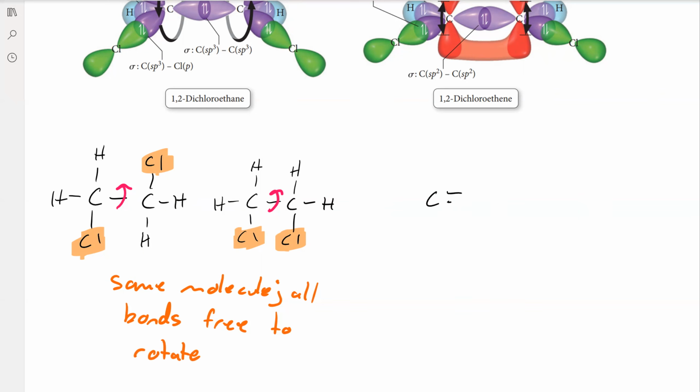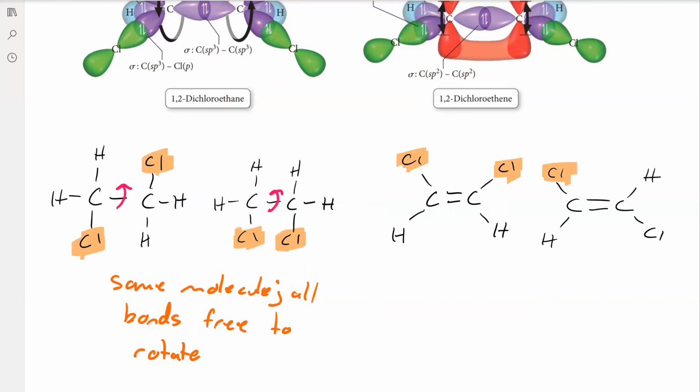However, when we take a look at the analog with the double bond or the pi bond, these two compounds are different molecules. And they're different molecules because this pi bond can't rotate.